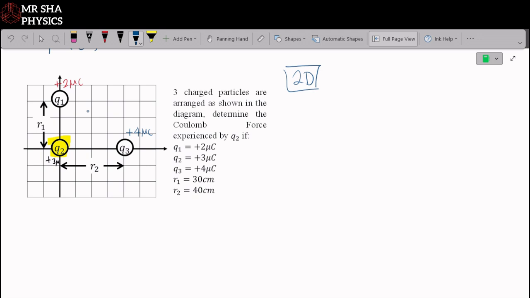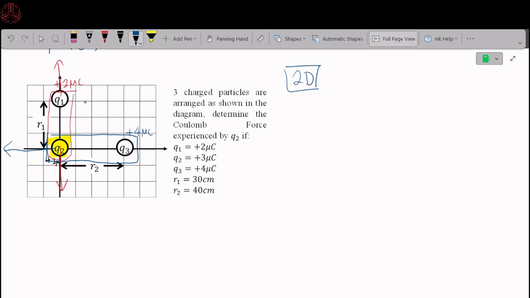So if we only consider Q1 and Q2, then the force that we get is going to be downwards because it's moving away from each other. And then if we only consider Q2 and Q3, it is going to be again away from each other.